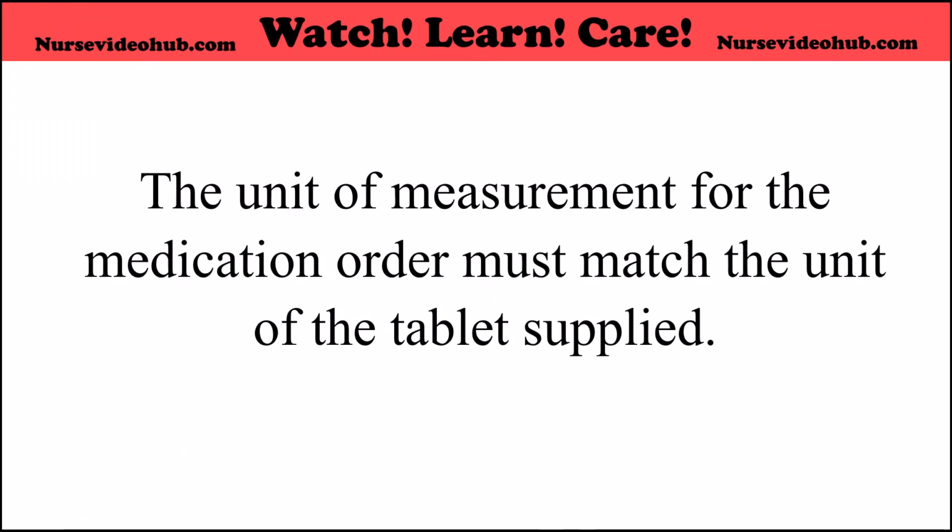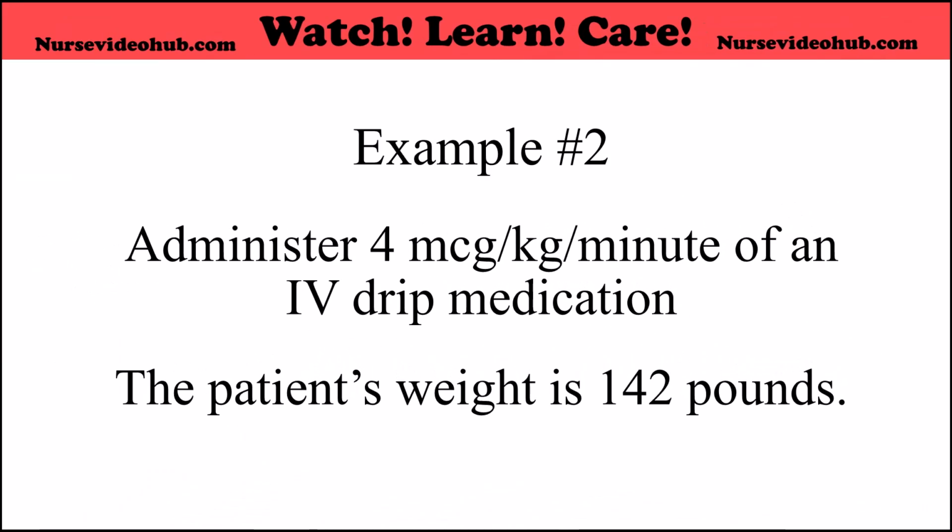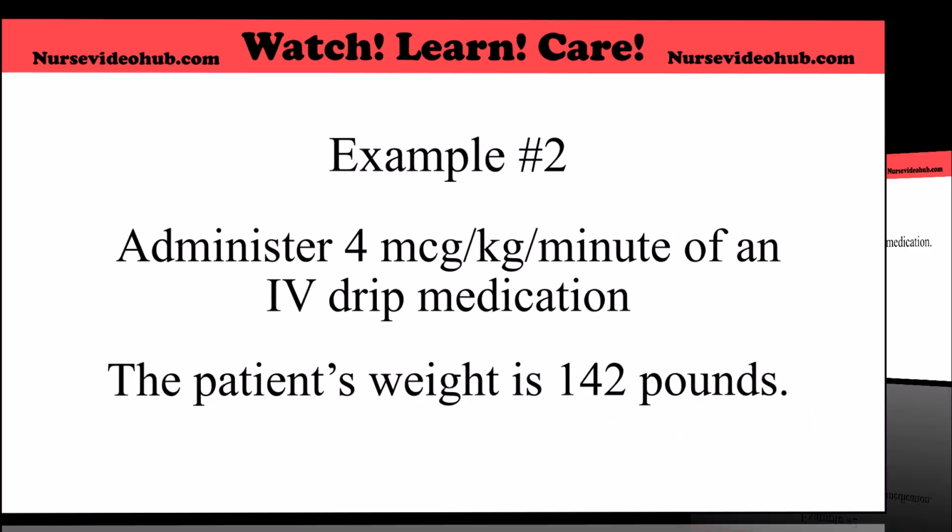The unit of measurement for the medication order must match the unit of the tablet supplied. So here's another example. The order reads 4 micrograms per kilogram per minute of an IV drip medication. The patient's weight is 142 pounds. Identify the units you need to convert. You need to convert the patient's weight in pounds to kilograms to complete the dosage calculation.